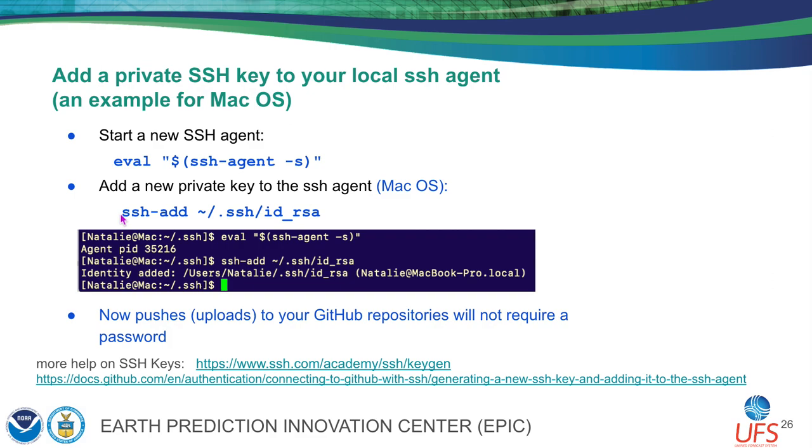Then the next command will add your key to the SSH agent using ssh-add and then the name of your key. Prior to Monterey, you may need to use the ssh-add -k command. But in the newer systems, you don't need to do that.